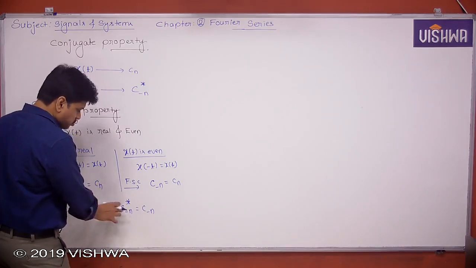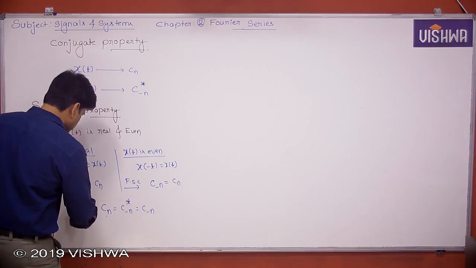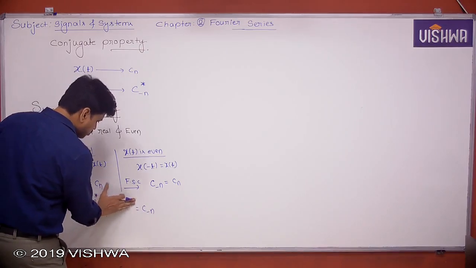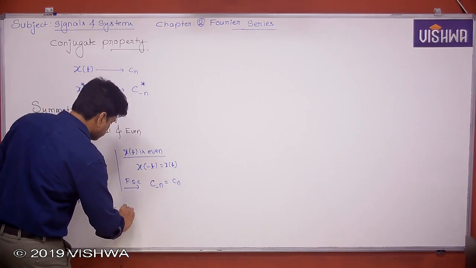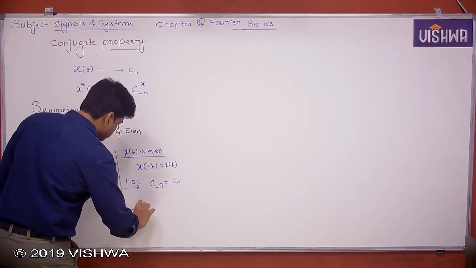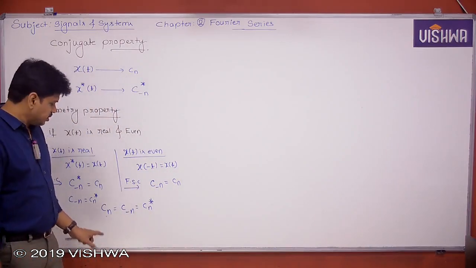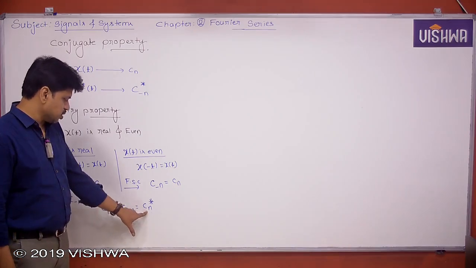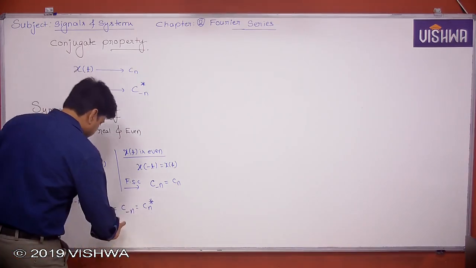Or we can say c minus n is equal to Cn conjugate. From this, what can we decide? Cn is equal to c minus n, that means even. Cn is equal to Cn conjugate, so that means it is real. So Cn is also real and even.